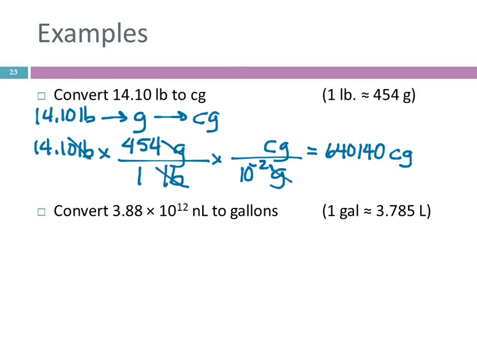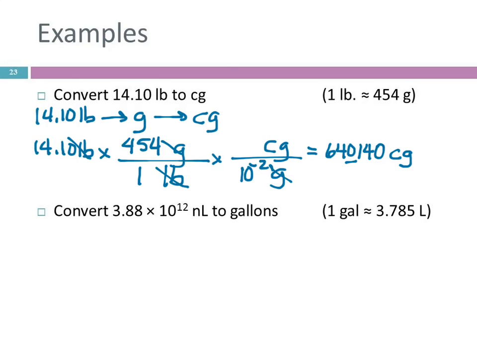And we have to think about sigfigs. Does this limit the number of sigfigs in our answer? No, because centigrams and grams are both metric, so we don't have to think about this one. How about grams to pounds? It does. The 1 is exact, but this has 3 significant figures. Our starting number had 4 significant figures, but our final can only have 3.